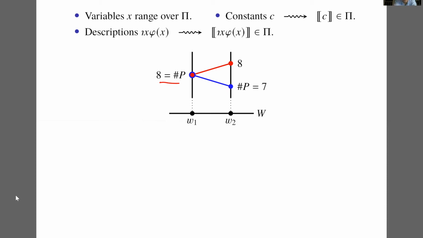So if you are talking about the individual intension 8, then yes, that is necessarily bigger than another individual intension called 7. But if you take another individual intension, namely the number of planets, then that's not necessarily bigger than 7.